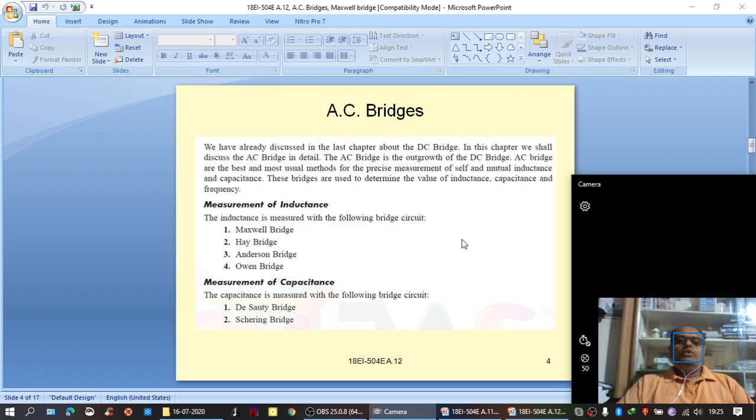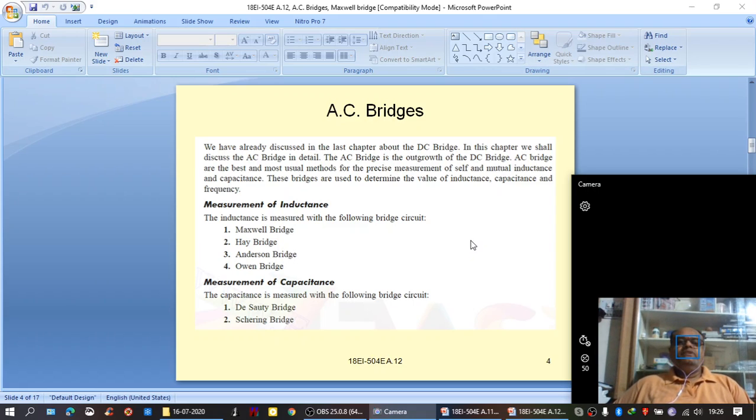And only AC excitation has to be used, and a set of speakers or headsets or a null detector can be used at the output of the bridge for testing the bridge balance condition.